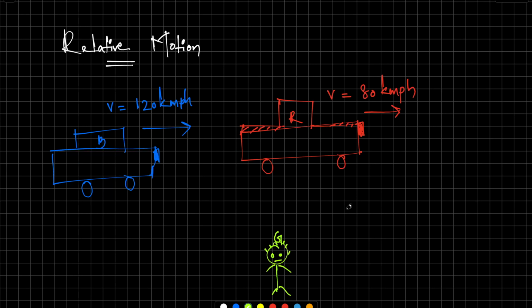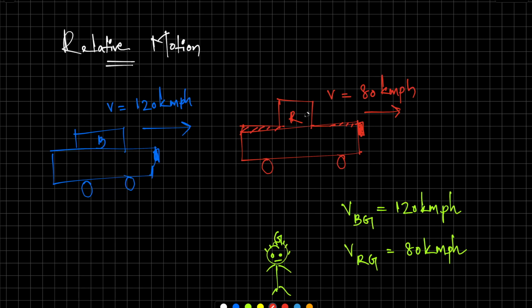So how do you write that? Velocity of blue car with respect to ground is equal to 120 kilometers per hour. The velocity of the red car with respect to the ground is 80 kilometers per hour.